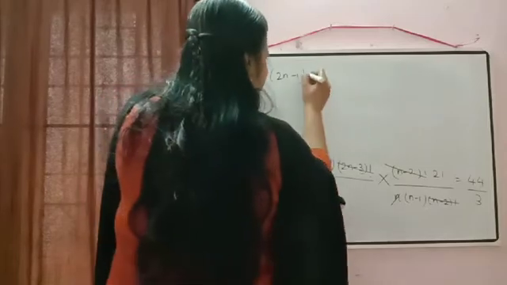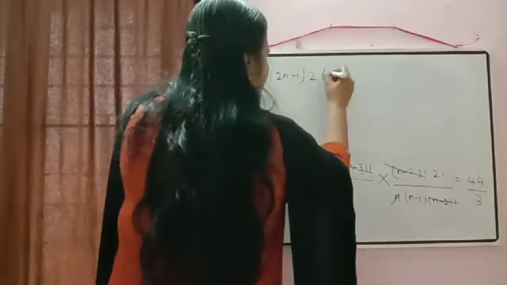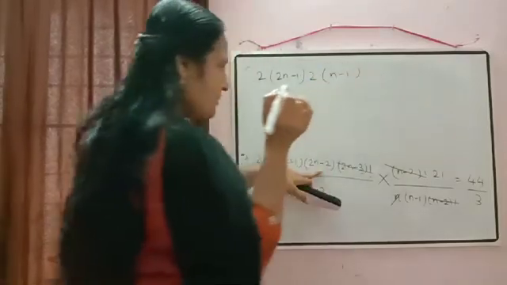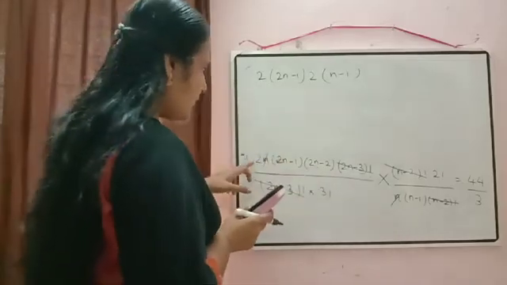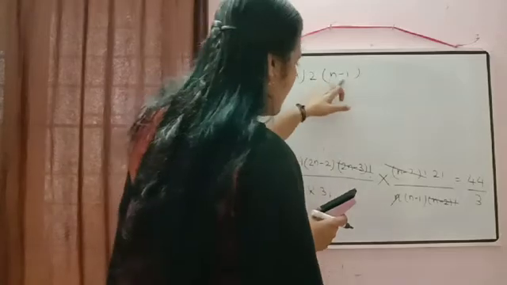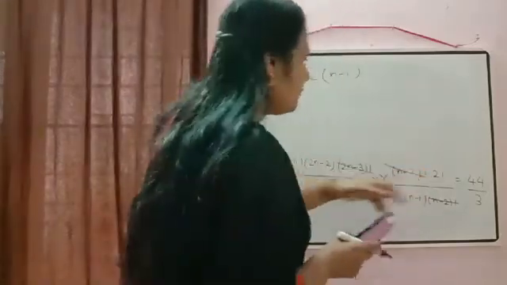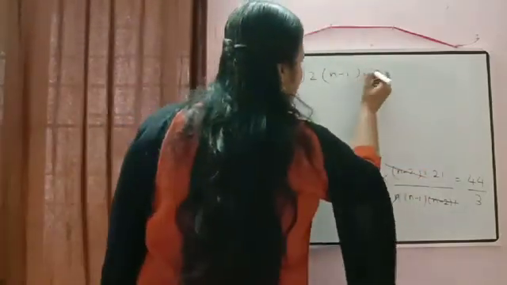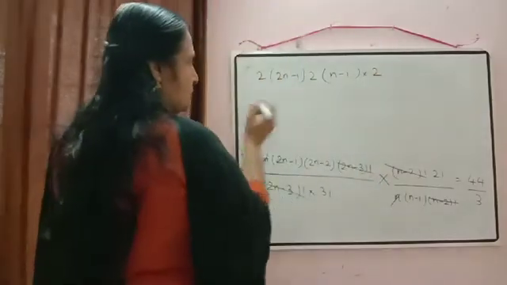From here what can we take common? 2 we can take common. Then inside the bracket it will be n minus 1. So 2n minus 1, 2 taken common, n minus 1 remaining, then 2 factorial is remaining. So for 2 factorial we can substitute the value 2 there.